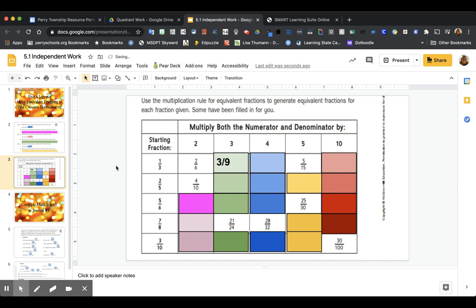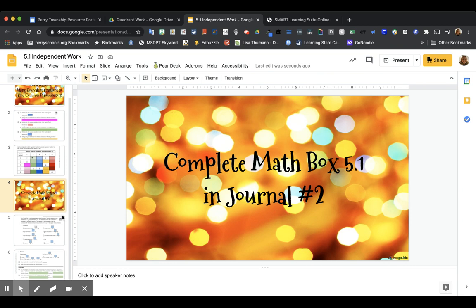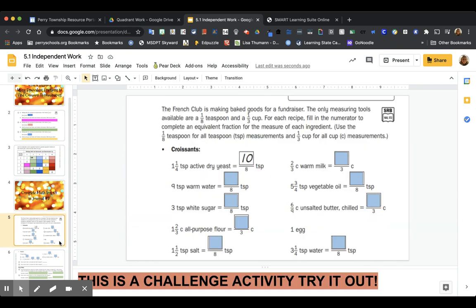Good thing I checked my work. 3/9. So you will do that same thing for all the text boxes that have no writing in them. So again, that connects to exactly what we did. You will need to complete Math Box 5.1, and again, we're in journal number 2. And then the last 2 slides are a challenge. I would hopefully you will try them out.